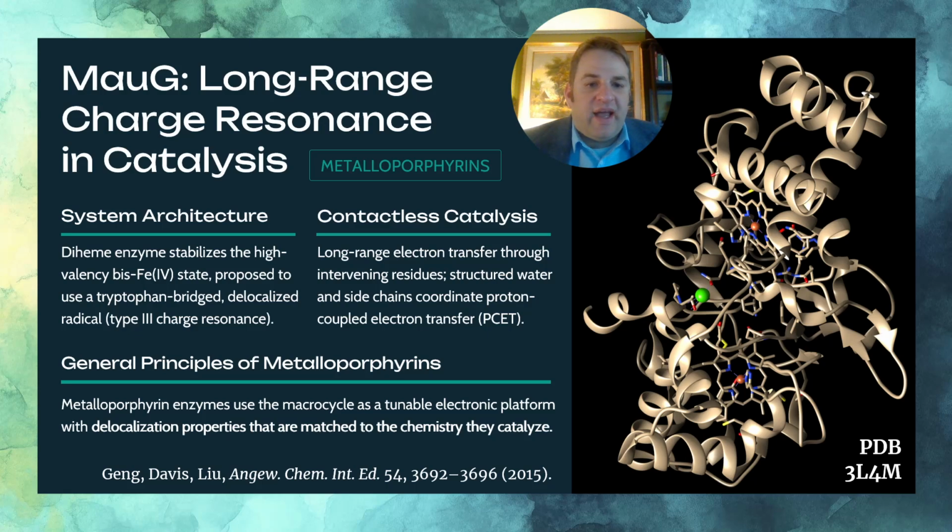And so the actual active site doesn't even need to come in contact with the chemical process that it's catalyzing. And the distance enables it to do this more safely and efficiently because the redox potential of this system is so high.